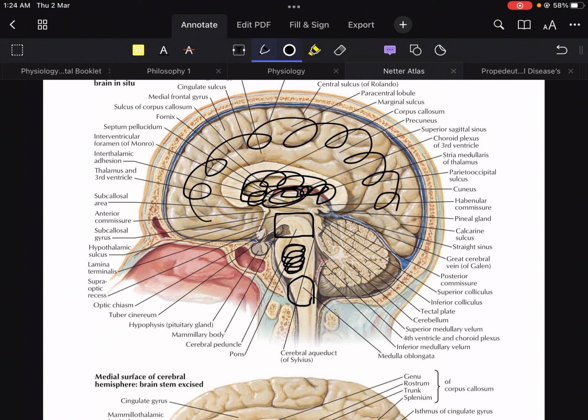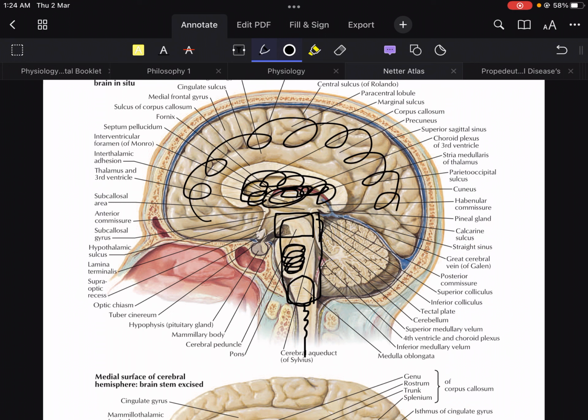The last three parts of our brain form the brainstem. I mean midbrain, pons, and medulla oblongata. The continuation of the medulla oblongata is the spinal cord. If we continue the medulla oblongata, we reach the spinal cord, the second part of our central nervous system.